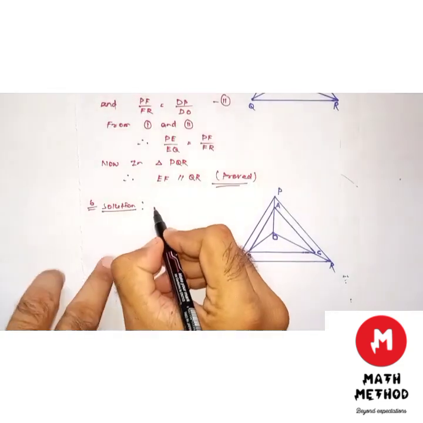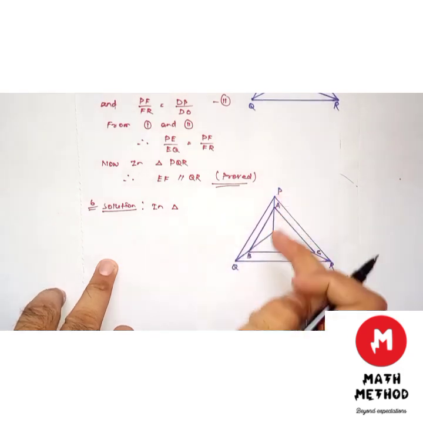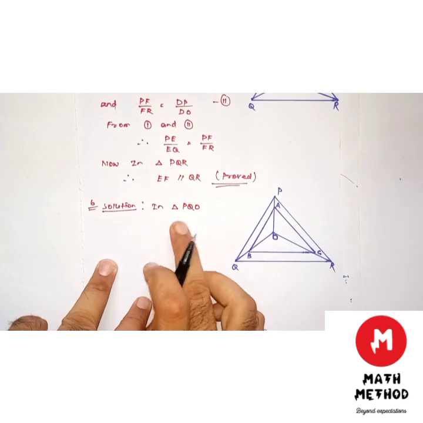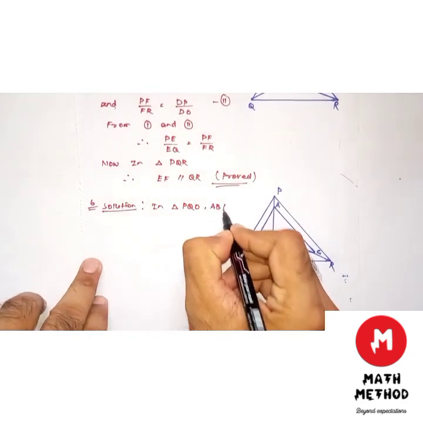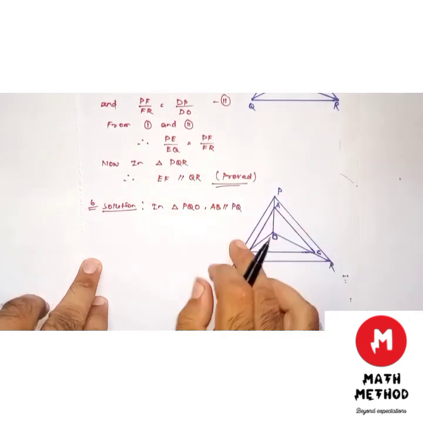Now in triangle PQO, given that AB is parallel with PQ, this is given.